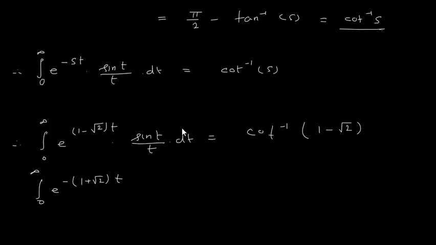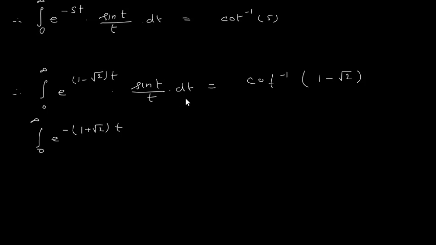Okay, so here one thing I have to correct, the minus sign should be outside. If I take the minus sign outside, then this 1 will become minus and this root 2 will become plus. So it is minus 1 plus root 2, and here it is sin t upon t into dt. This will be cot inverse 1 plus root 2.